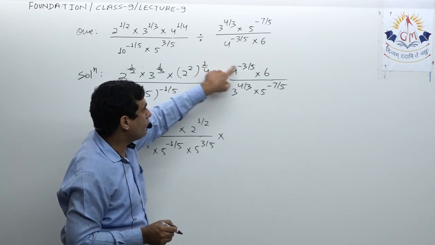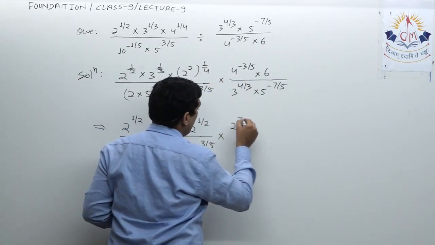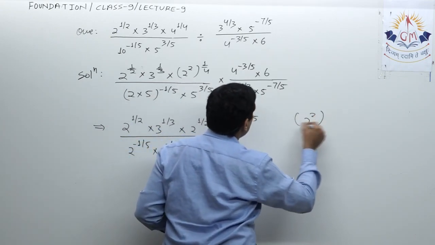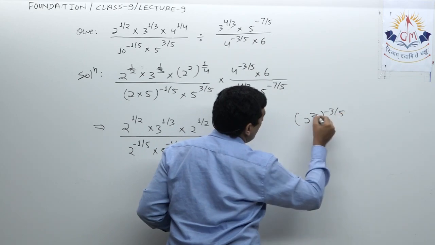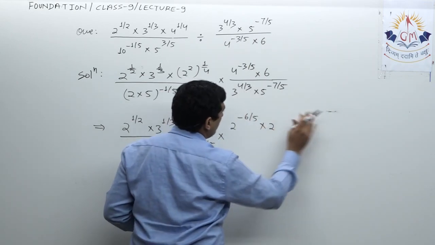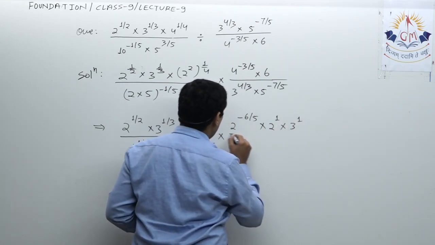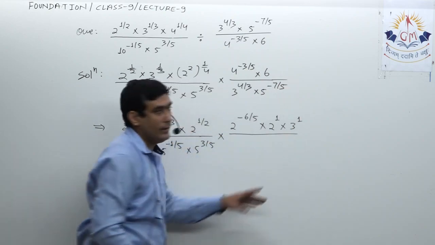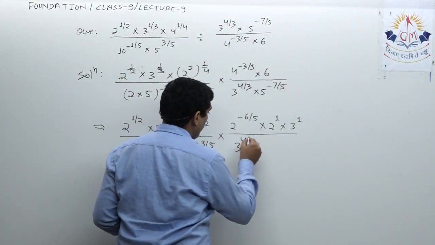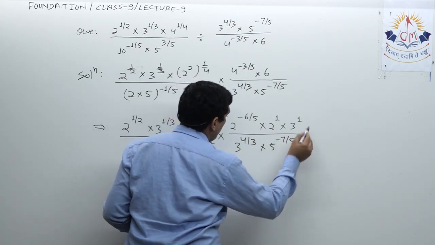This is 4 raised to minus 3 by 5, I will write 2 raised to minus 6 upon 5. This is actually 2 square raised to minus 3 by 5. So 2 raised to minus 6 upon 5 multiplied by 2 raised to 1 multiplied by 3 raised to 1, and 6 I wrote as 2 into 3. Now this is 3 raised to 4 by 3 into 5 raised to minus 7 upon 5.